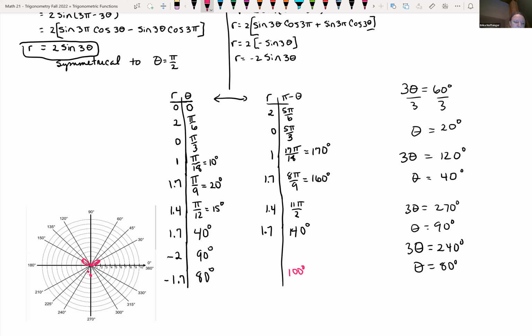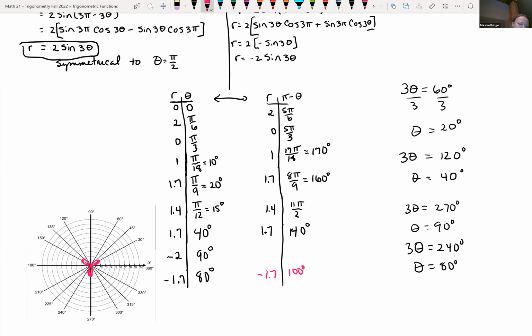And I would also get back, so 100 degrees times 3, that's 300. Sine is negative in that fourth quadrant, so this is again negative 1.7. So 100 degrees, we'd go over 100 degrees, and then across the pole, we'd get 1.7.